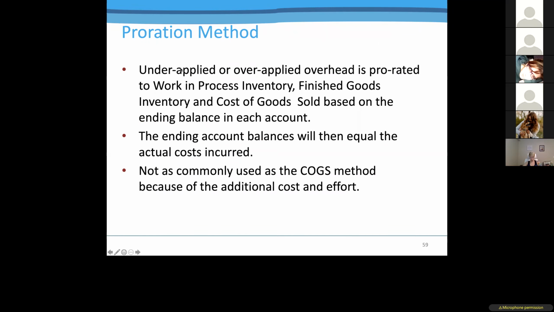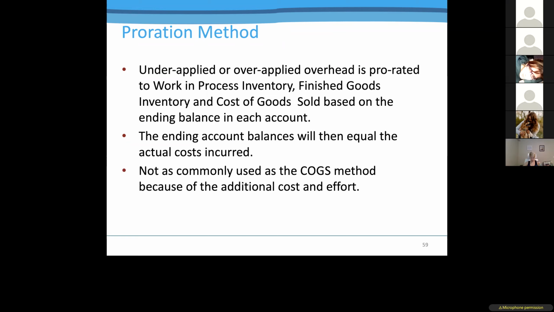The second method is called the proration method. Basically, this difference will be proportionally allocated among the 2 inventory accounts and the cost of goods sold, because that's where the applied manufacturing overhead goes. After you apply the manufacturing overhead, it goes to work in process.